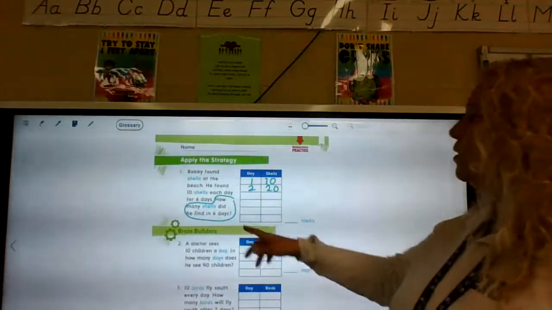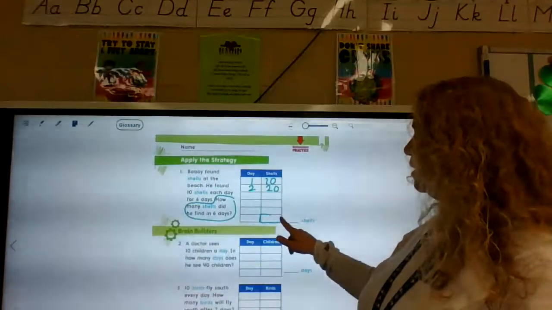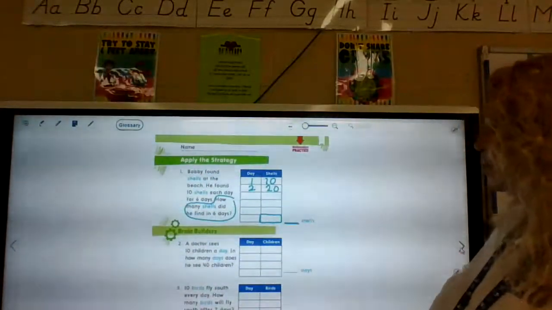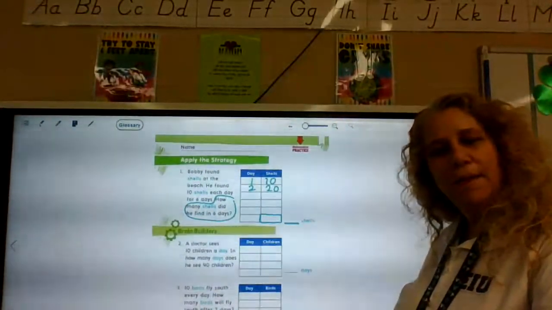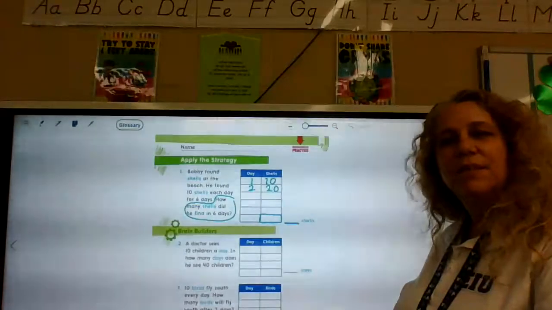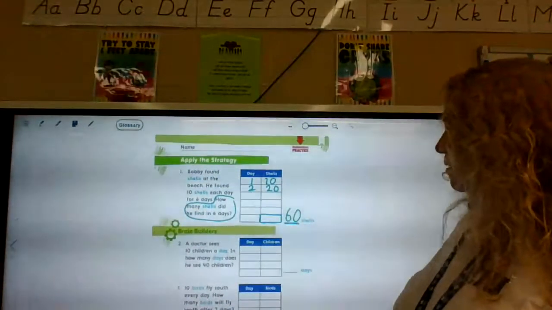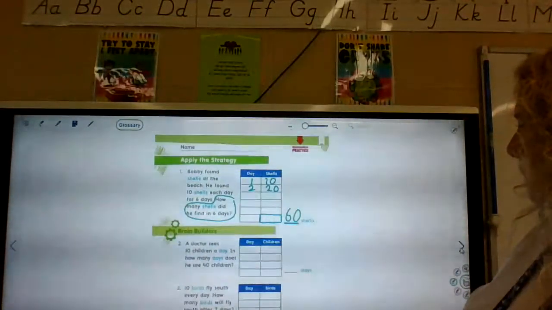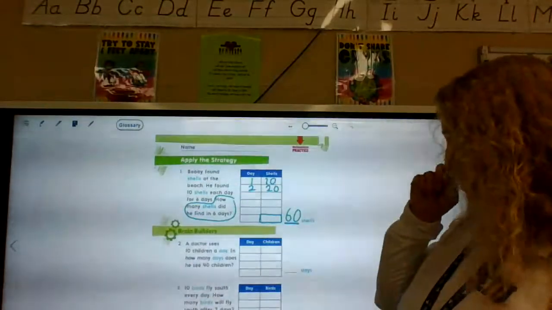And since we want to know how many shells he finds, the answer you have in this box right here, you're going to write right here. What did you get? 60. Yes. You need to have your whole chart filled out.